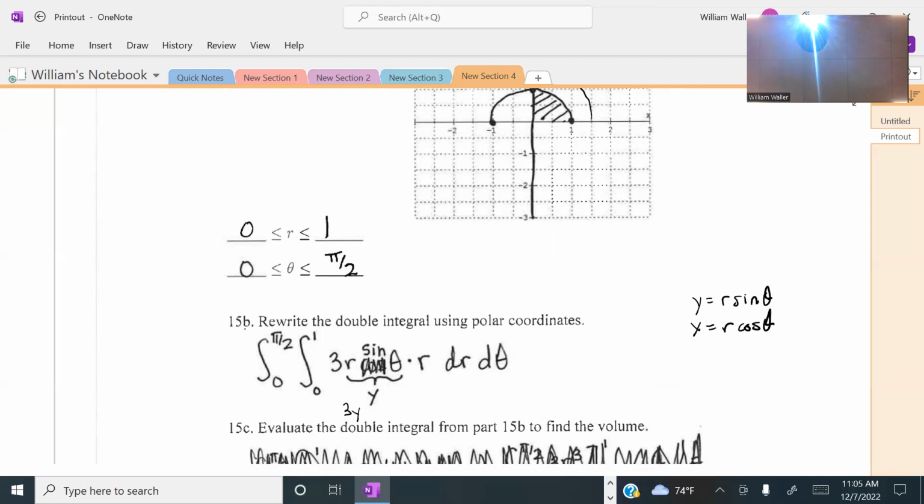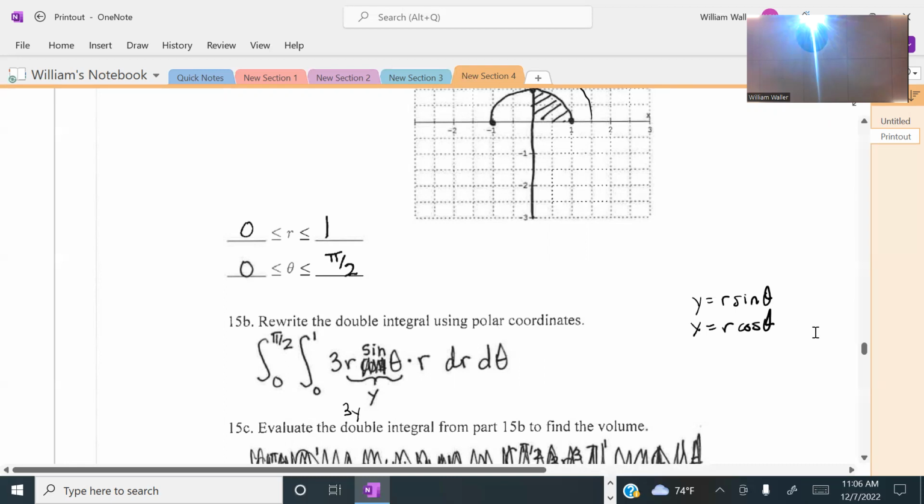But the other trick in polar coordinates, when you set up the integrand, is you have to put an extra factor of r. That's always required. So that's why I multiplied in an extra r. So there is our double integral in polar coordinates, which is the same as the double integral in rectangular coordinates. And now we just have to evaluate that.